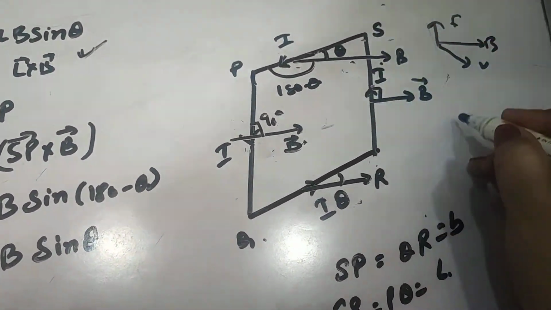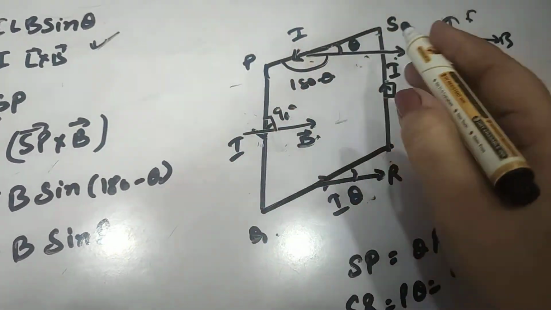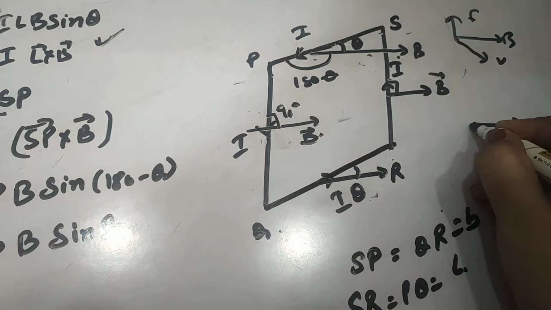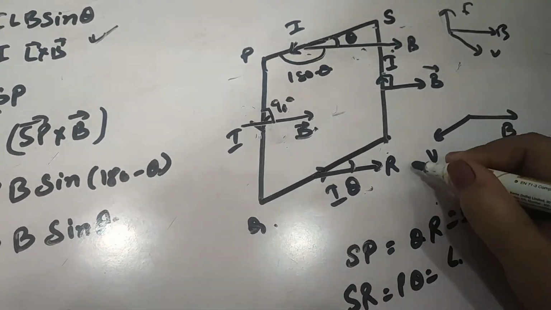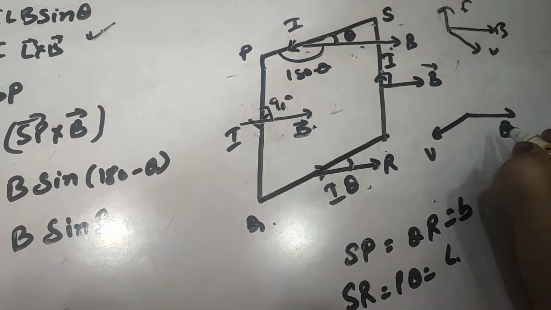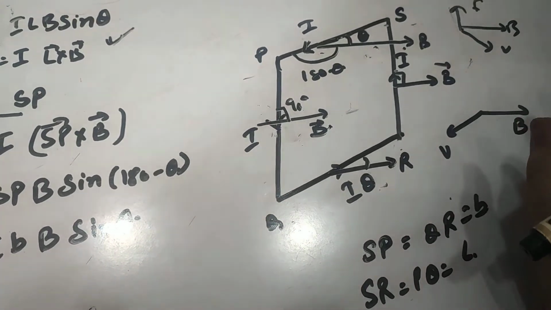Now B is along this direction. Now the current is in this direction. We can say it is in the Z direction. Okay. So this is B and this is V, velocity vector, current, and we have to write B cross V. The direction of force is given by perpendicular.